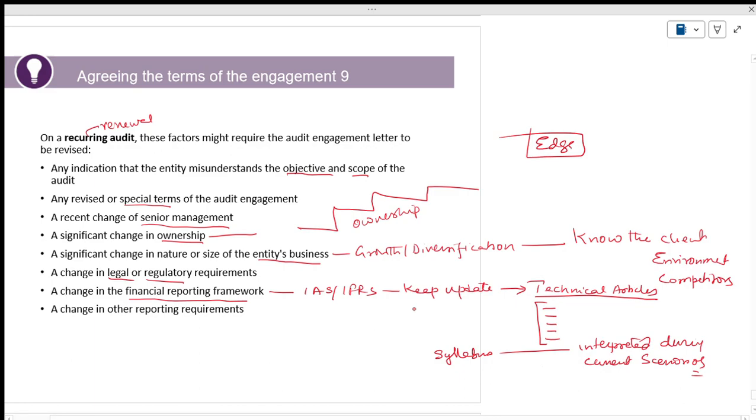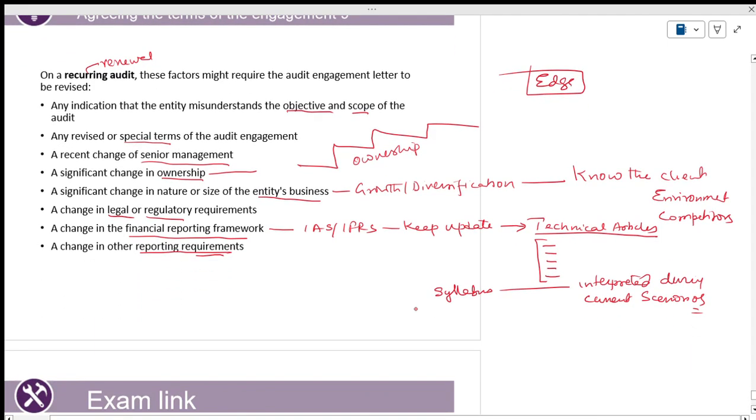Fine. That is the reason for a change in financial or any other reporting requirements we have to keep up with. Previously, you had IAS 18. What is IAS 18? IAS 18 talks about revenue.